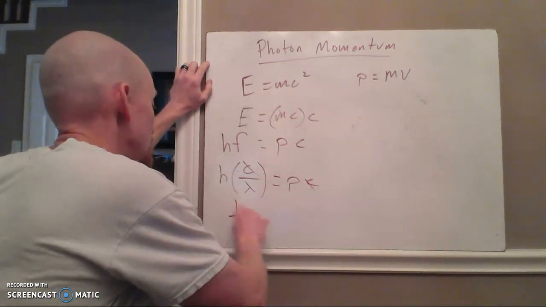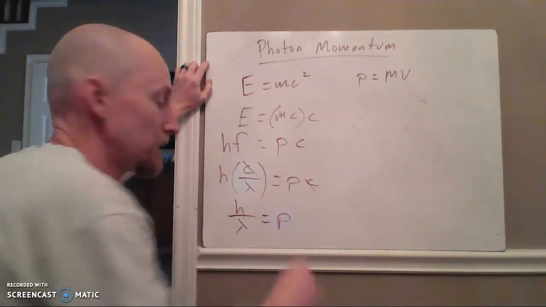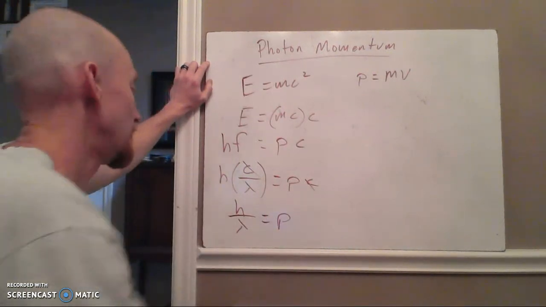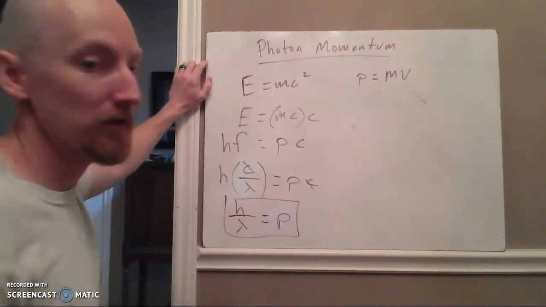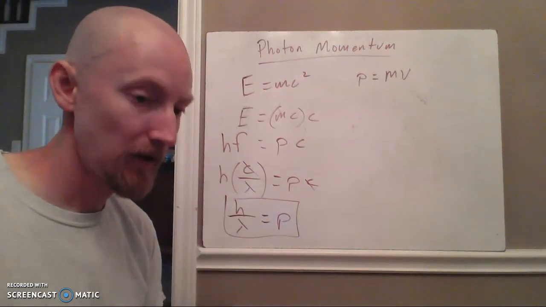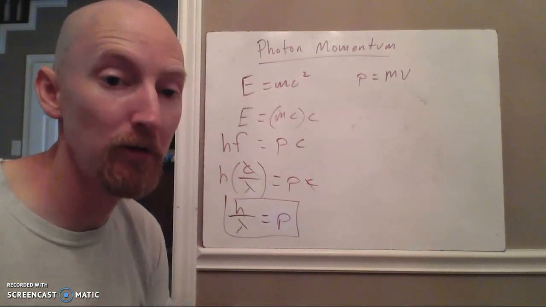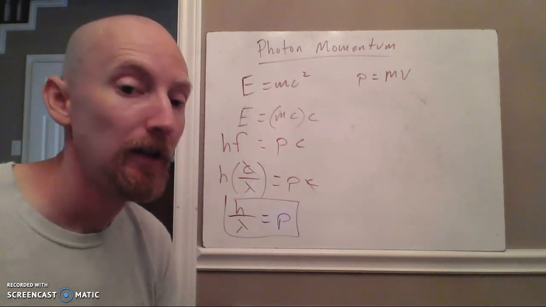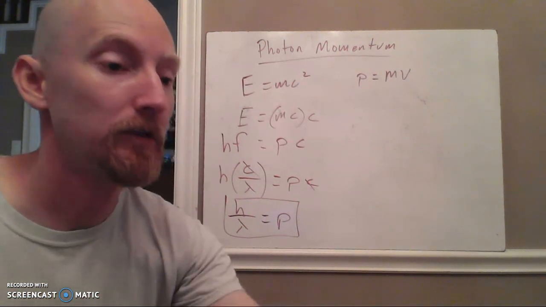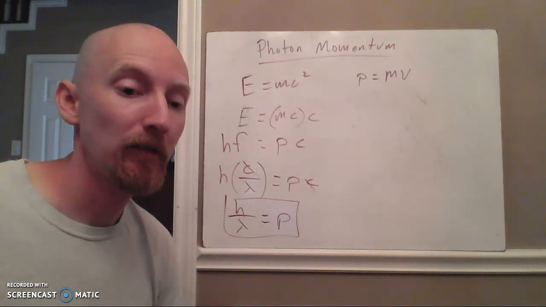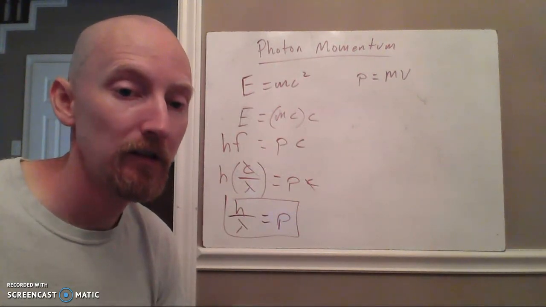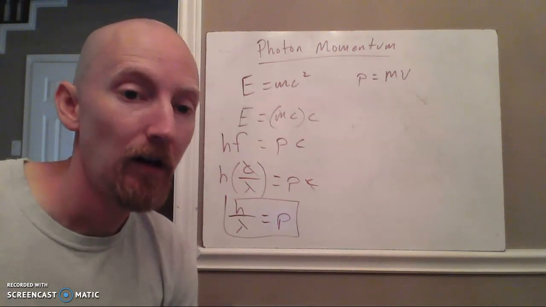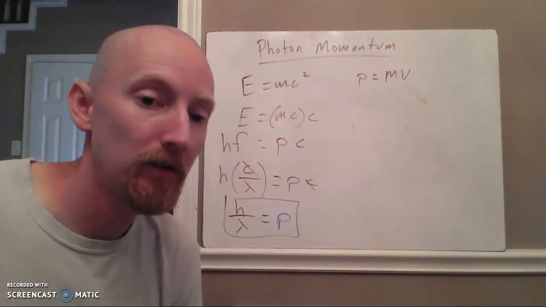So now you've got h over lambda equals p. And this is the equation for the momentum of a photon. And if we get them to move, we get them to do things, then we can have a voltage, and they have momentum, which is pretty cool. So that's a thing, and you're going to see this used, if nothing else, on our end of year Quest.